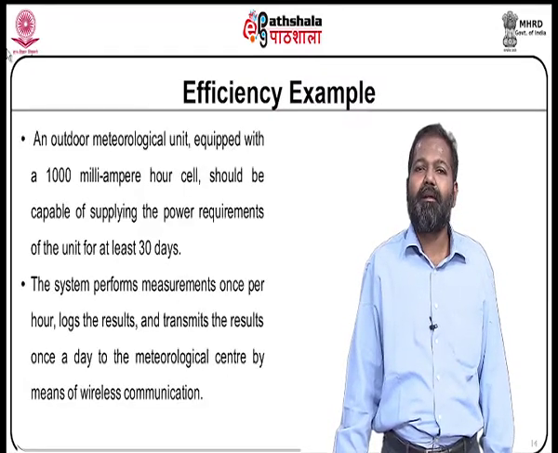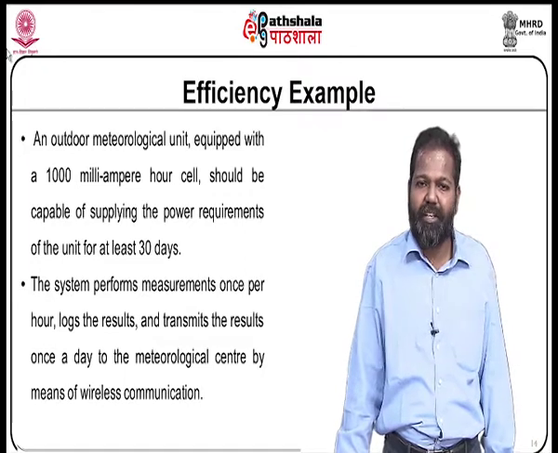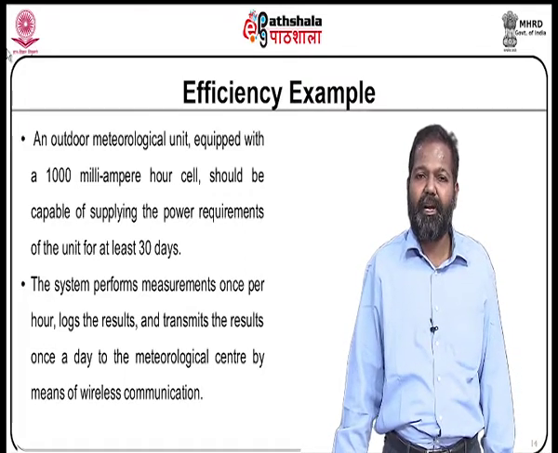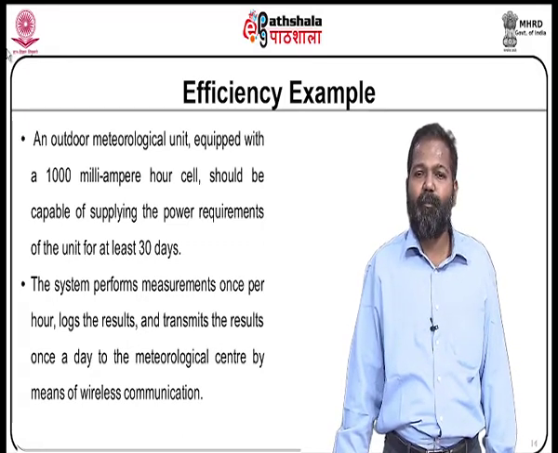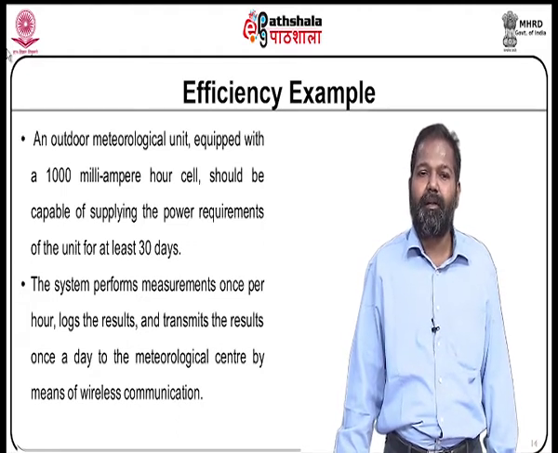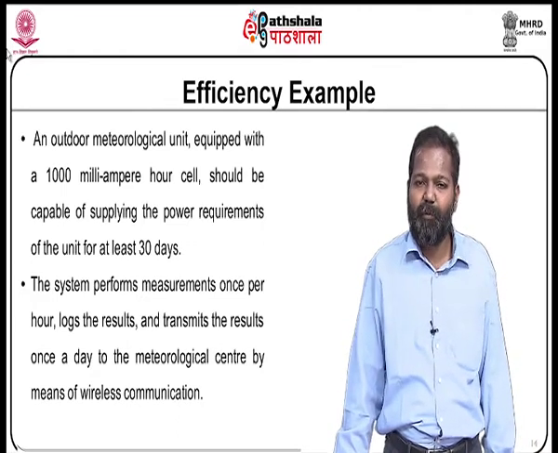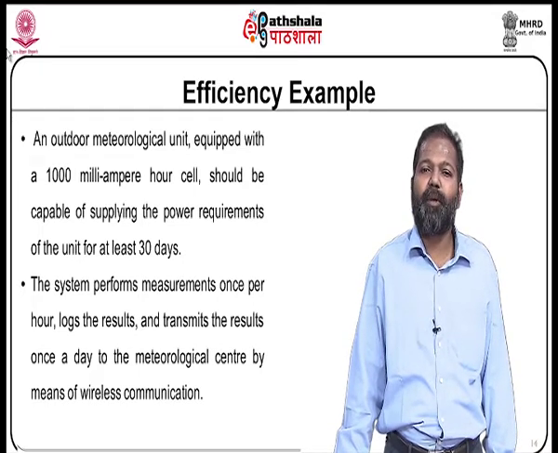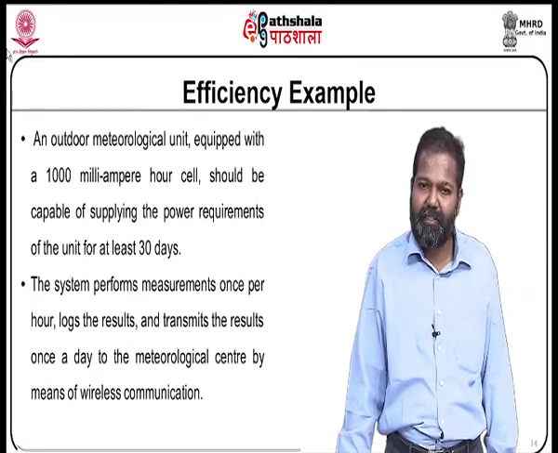Efficiency example: an outdoor meteorological unit equipped with a 1000 milliampere-hour cell should be capable of supplying the power requirements of the unit for at least 30 days. The system performs measurements once per hour, logs the result and transmits the result once a day to the meteorological center by means of wireless communication.